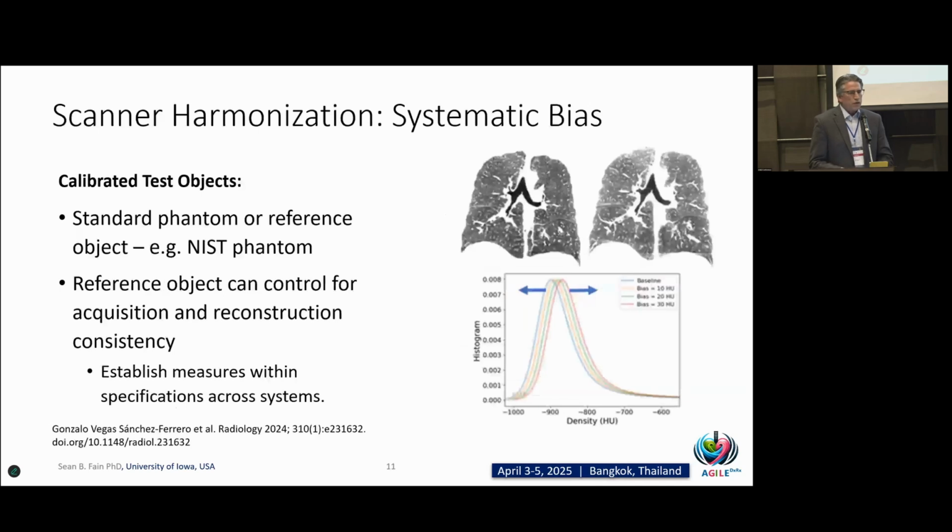And then the third thing is systematic bias. This is more problematic than you might expect because it does cause a systematic shift between scanner, vendor, make, and model. However, one way to address this is to use standard phantoms. And so there are efforts that have been ongoing.